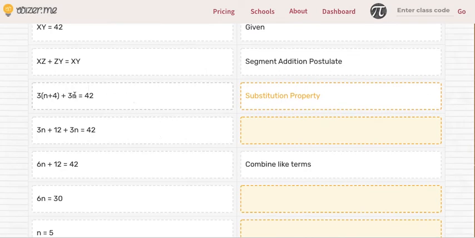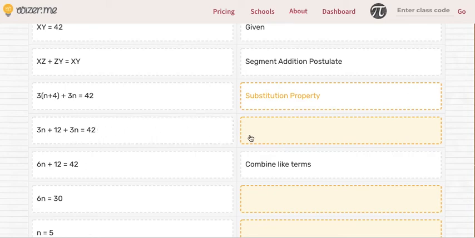Once you use the substitution property, now it becomes a little bit easier for us. We know that we have to get rid of the parentheses, so what we do is we distribute the 3 across the parentheses. How do we do that? We multiply each term inside the parentheses by 3. So n times 3 is 3n. 4 times 3 is 12. We bring down the plus 3n and the equals 42 because there's no parentheses there.